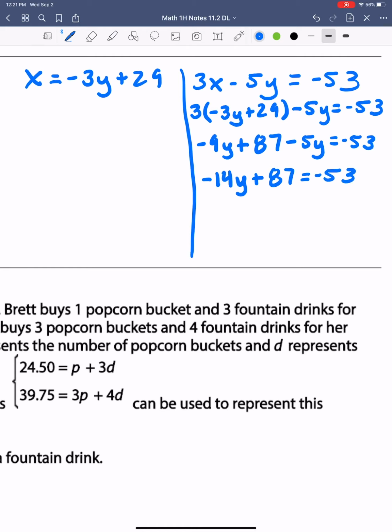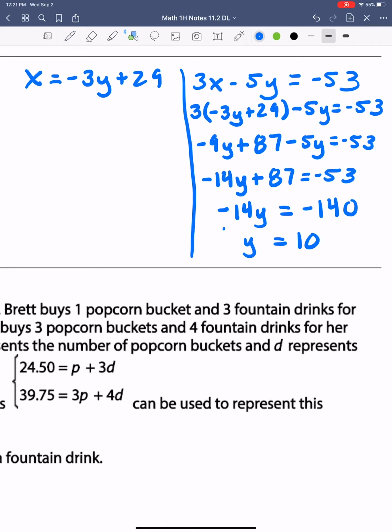Then I'm going to subtract 87 to the other side. So I get -14y equals, this might be some mental math here, maybe some calculator work. So -53 minus 87 gives me -140, which is going to be nice because then I divide both sides by -14 and I get y equals +10.